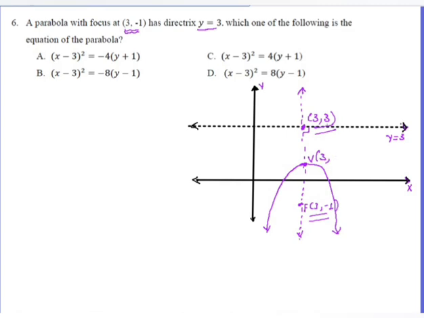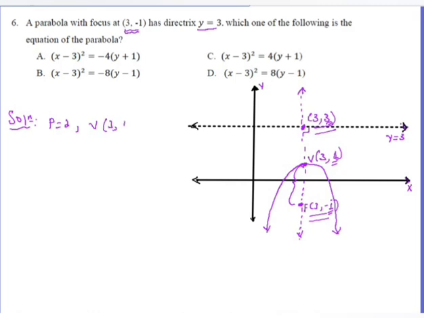The second entry is the average of 3 and minus 1, which is 1. So now we have the vertex of the parabola, and p is the distance from the vertex to the focus. The focal length is 2. You can measure the difference between 1 and minus 1. So p is 2 and the vertex is obtained.